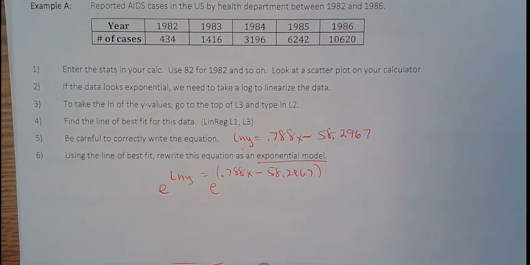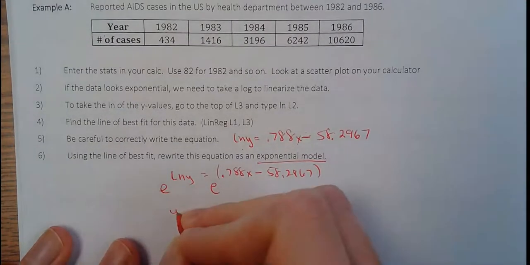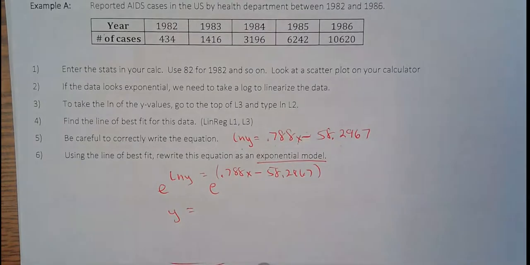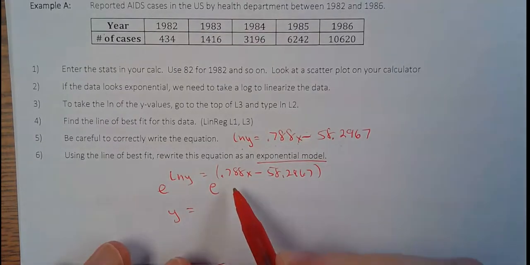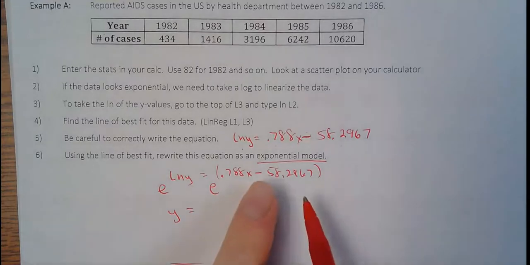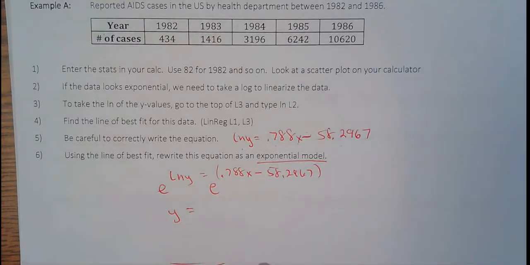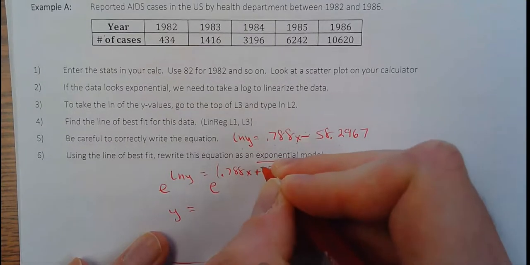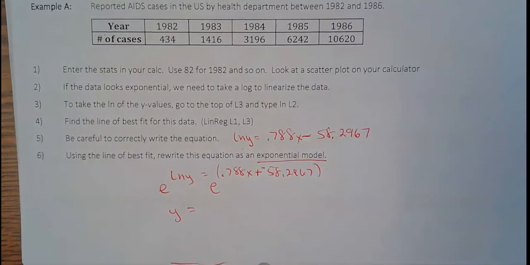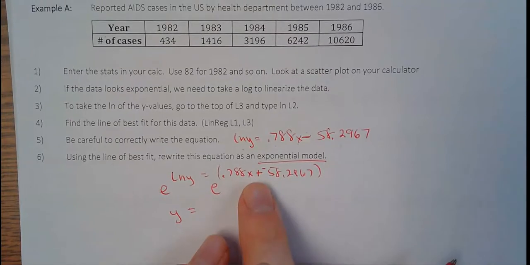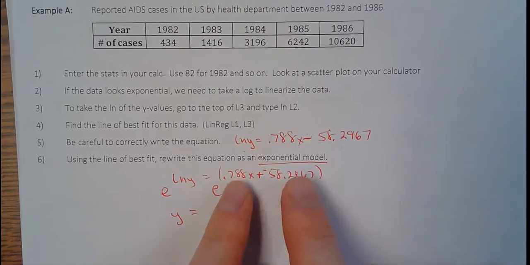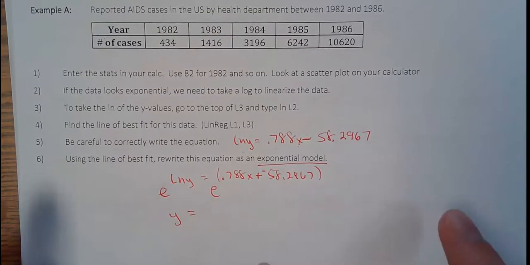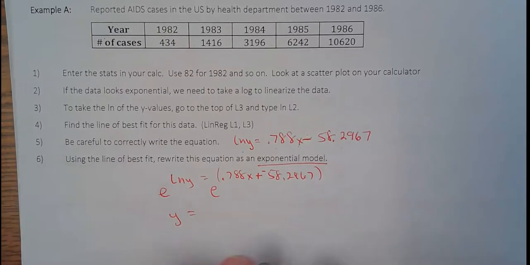Now, left side's the easy one. The left side comes out to be y, just y by itself. The right side is where it gets a little ugly. But maybe think of this as plus negative instead of subtraction. And if you're adding the exponents, you could actually split it as two different e's multiplying.